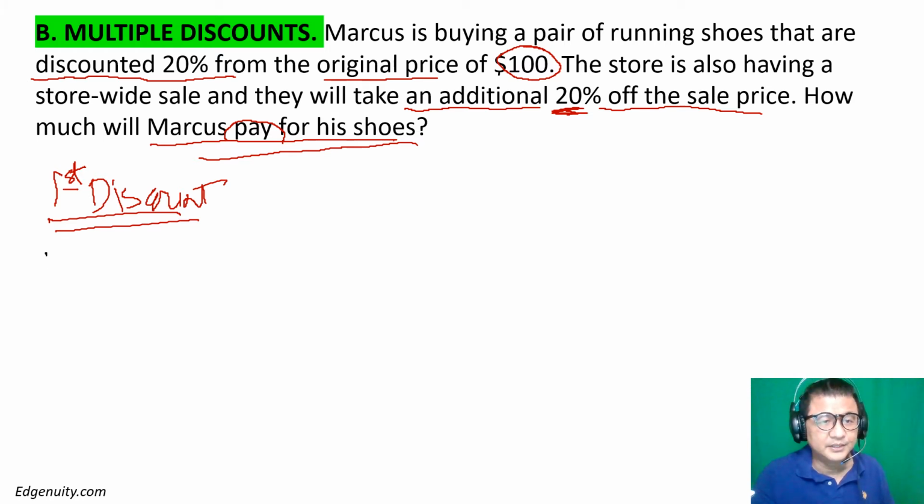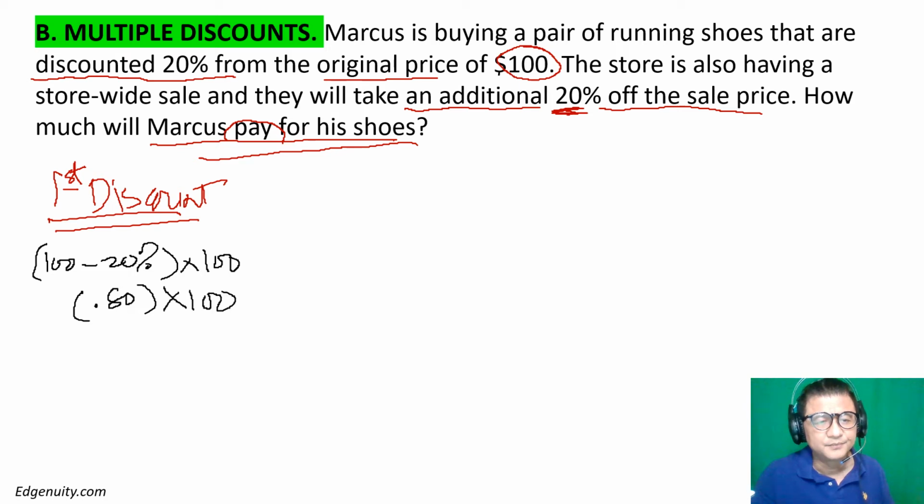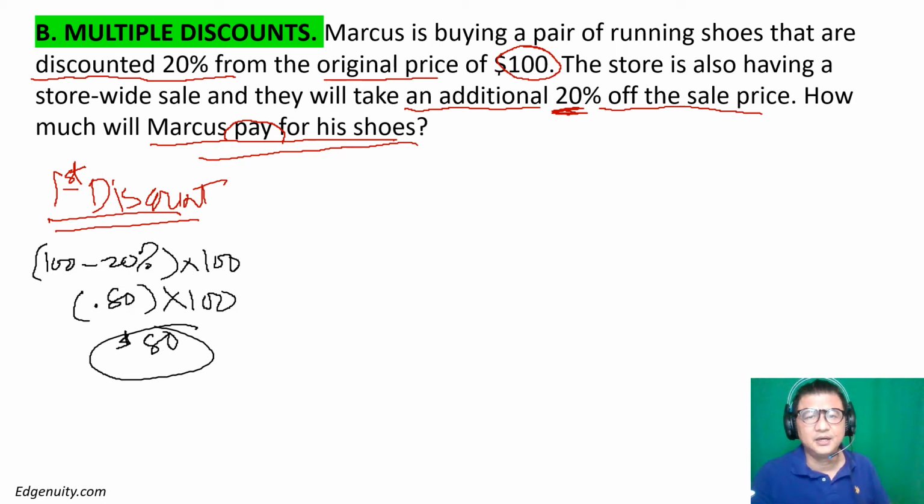So 100% minus the 20% is equal to 80%, right? Multiply it by 100. So why did I remove the 20? Because I'm not paying that. So 0.80 times 100 is equal to $80. Okay, that is now on sale.